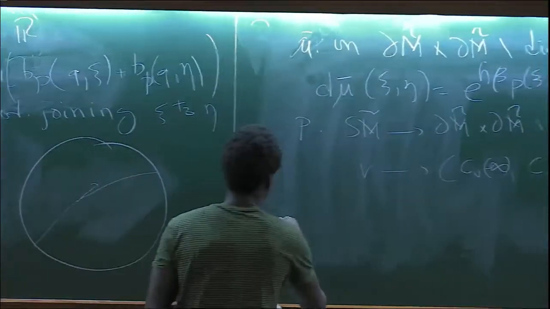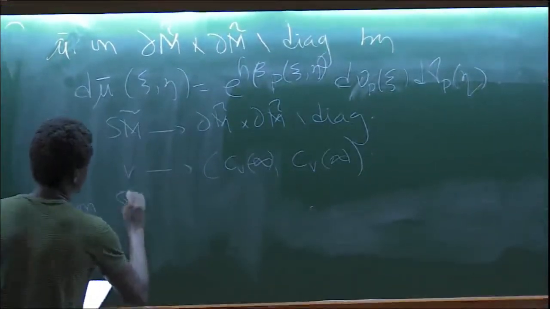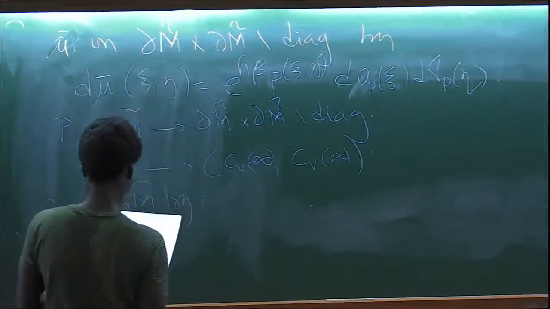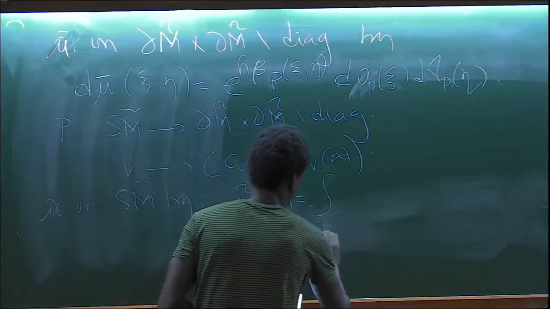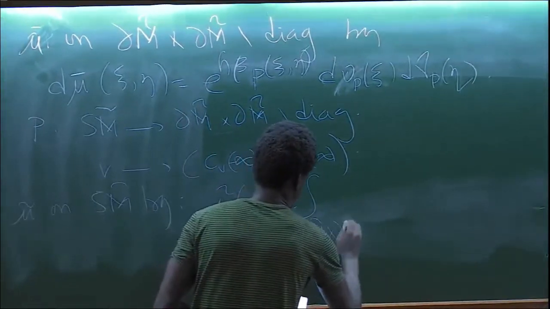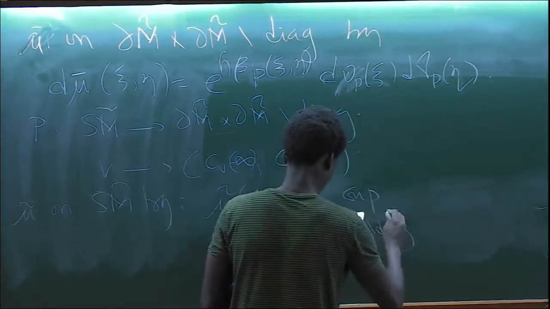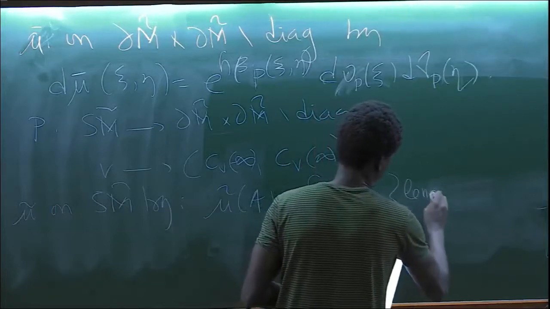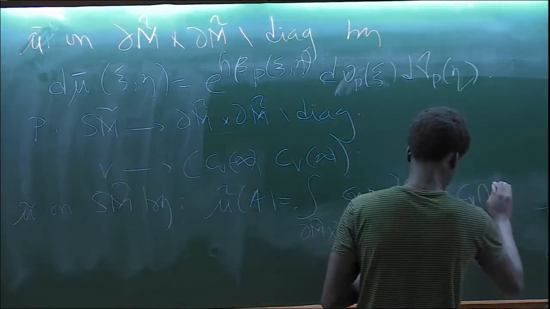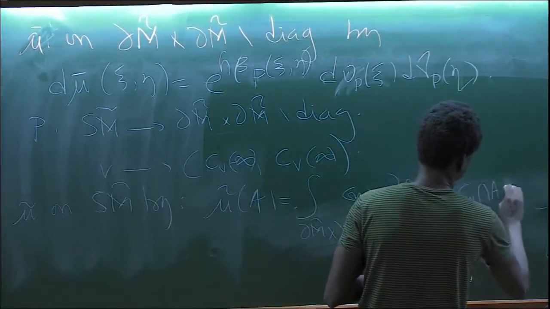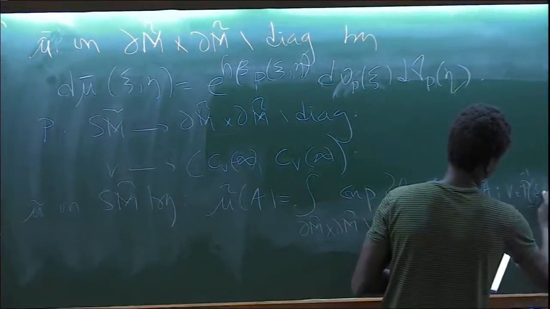So I define mu tilde on SM tilde by mu tilde of A equals the integral over the boundary minus the diagonal of the supremum of the lengths of c_V intersect A, such that V is in P minus 1 of (psi, eta).